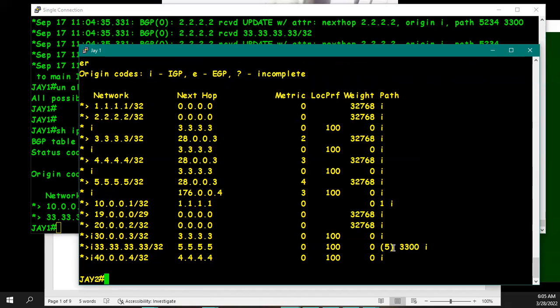The internal speakers will actually break it down, and they will be identified with the parentheses in the path. So that's how you can tell the difference there. Normally, when you look at BGP tables in everyday environments, there's no parentheses. It's just autonomous system after autonomous system. When you see those parentheses, you know that it's within a confederation.